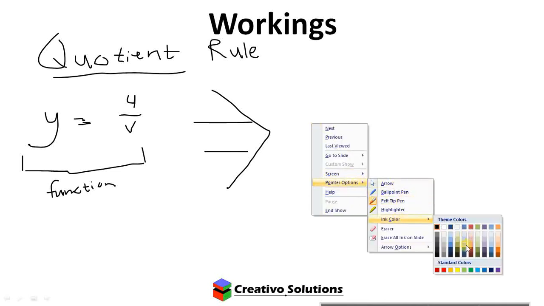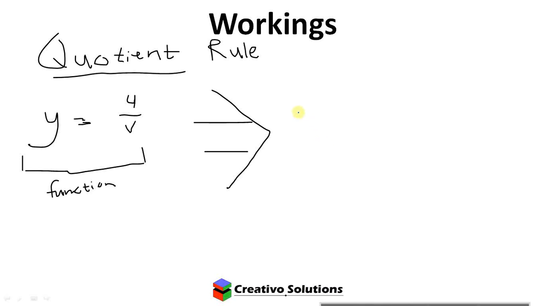The rule is dy over dx is equal to v times du over dx.